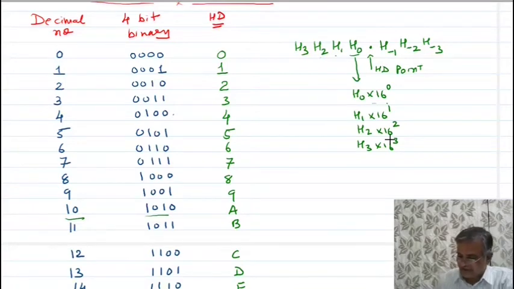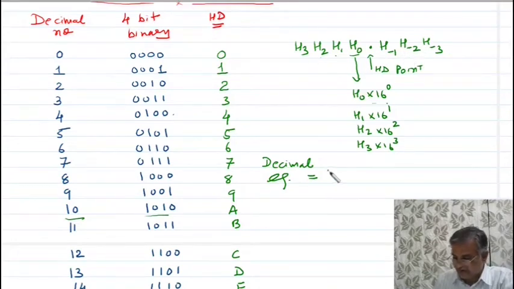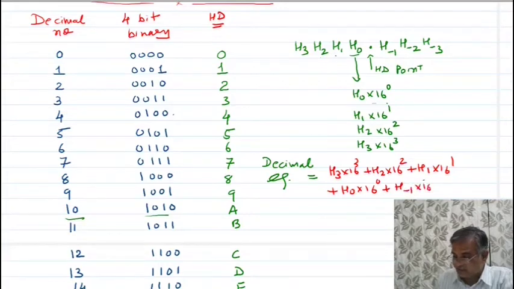So to find the decimal equivalent of a hexadecimal number, I multiply h3 by 16 raised to 3 plus h2 by 16 raised to 2 plus h1 by 16 raised to 1 plus h0 into 16 raised to 0 plus h minus 1 by 16 raised to minus 1.